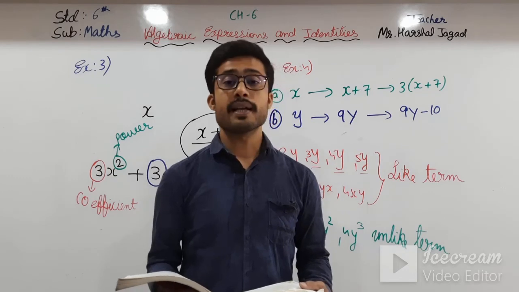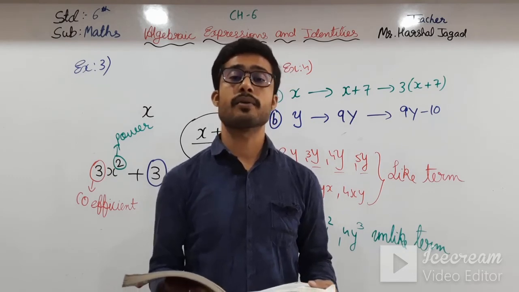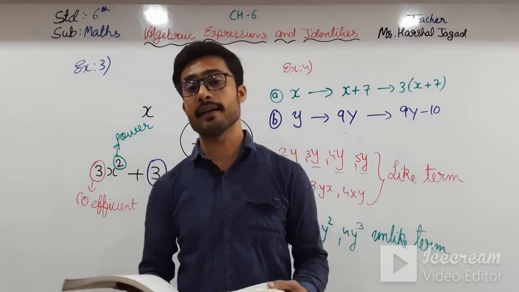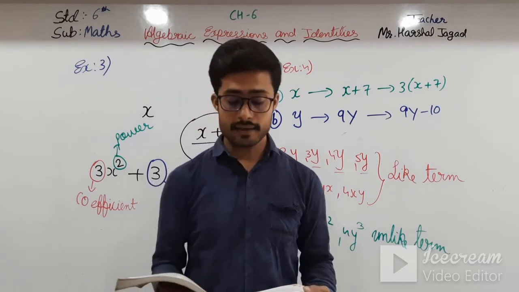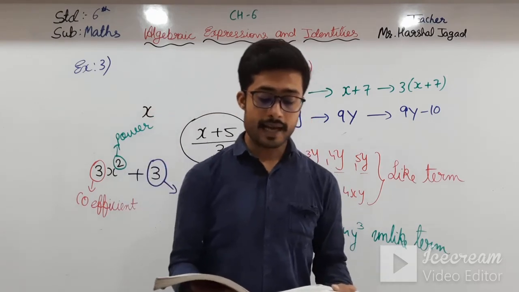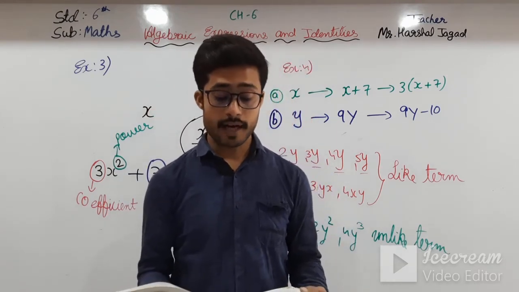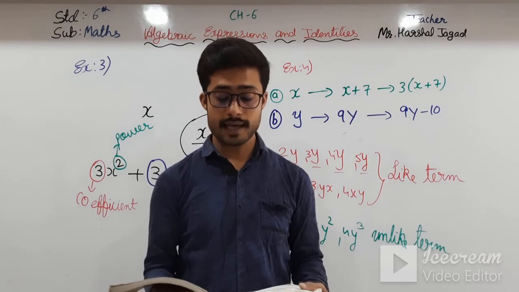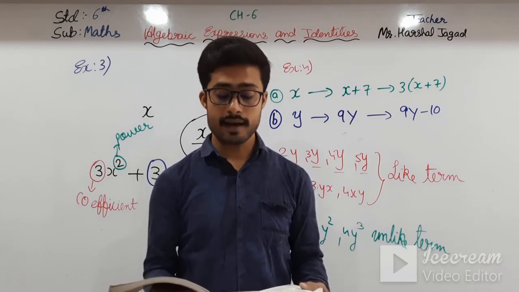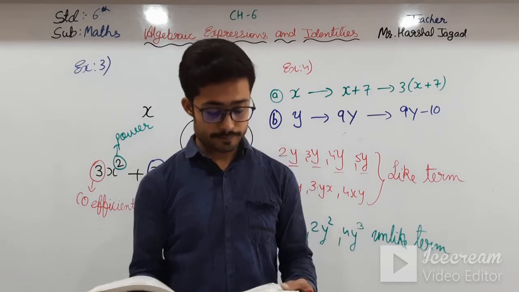Here you can see the variables which are same are like terms, and the variables which are different are not like terms. Unlike terms are x and x square, 5x and 4xy, x square y and x y square.